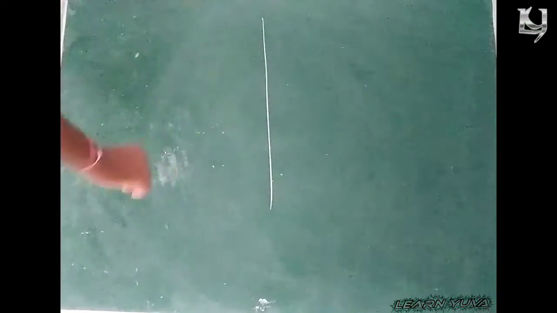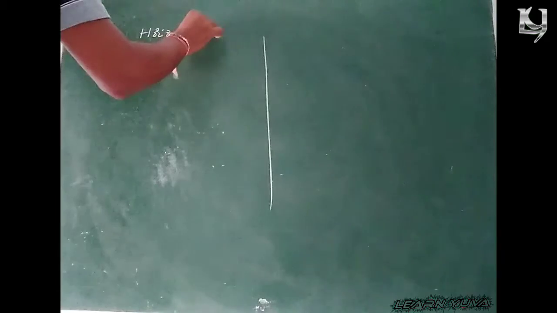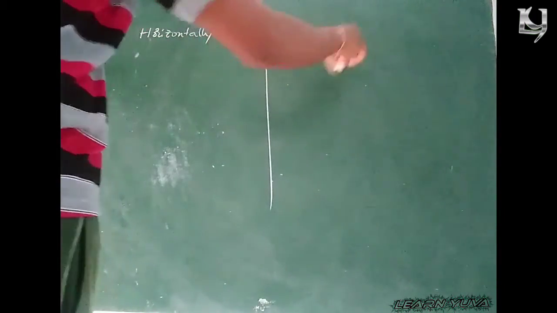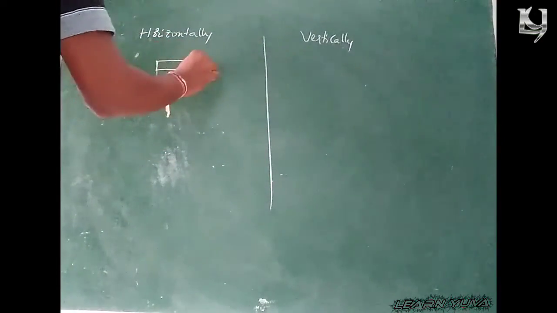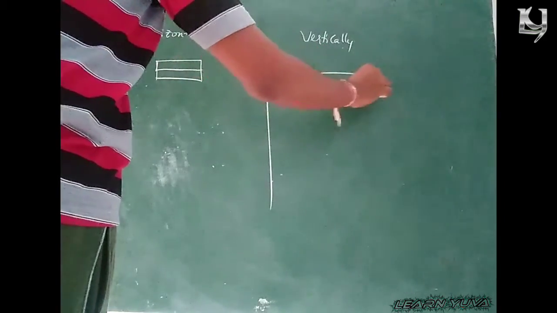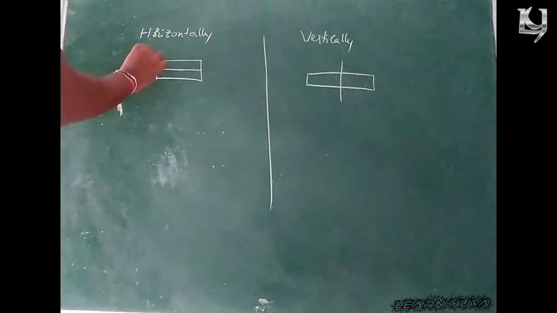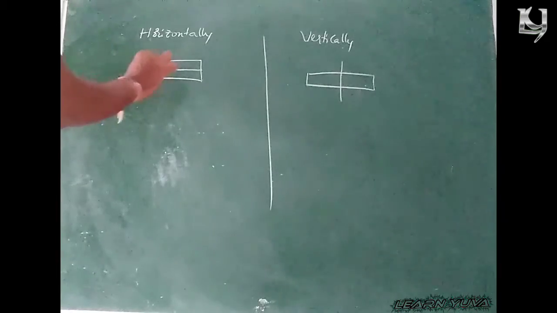Right. If we cut that bar magnet into two halves, horizontally and vertically. If we cut the bar magnet into two halves horizontally, here it is the north pole and the south pole.